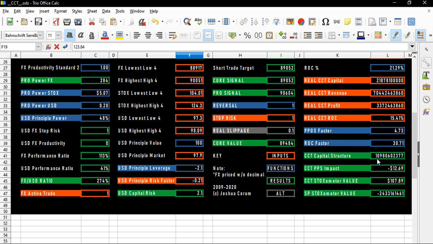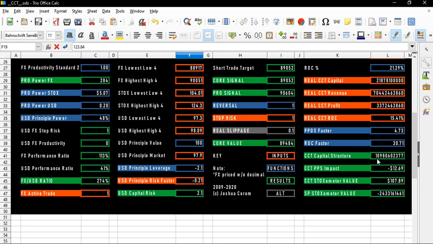That number is not relative to anything except it's a metric. It doesn't refer to any quantitative accounting number. And then I have a return on capital factor of 30.71. The CCT, and I'm going to give you an example.